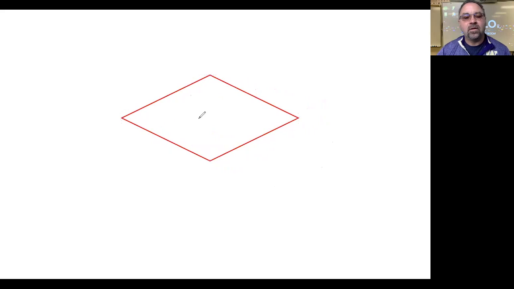I don't know. And what I'm going to describe is there's going to be a point in the plane. Call it point P, whatever. And it's got coordinates x1, y1, and z1.